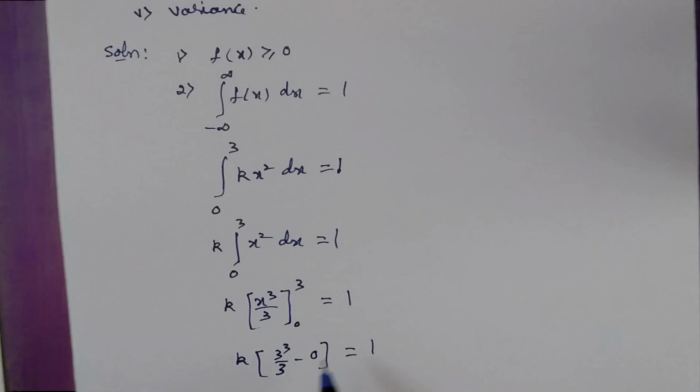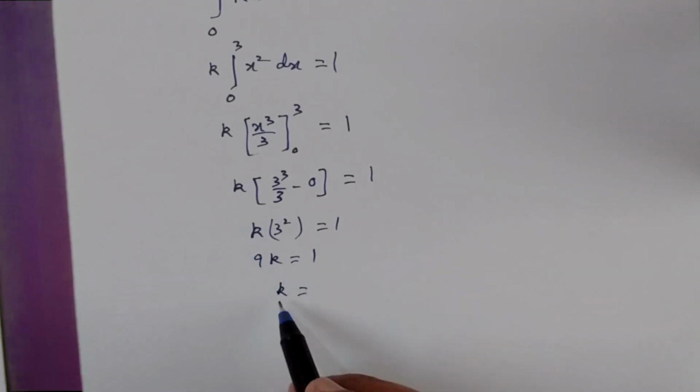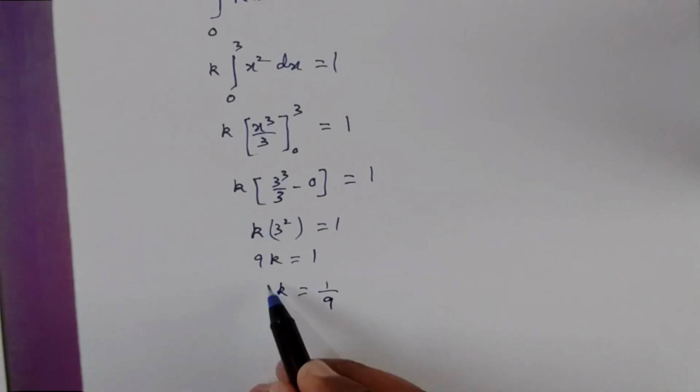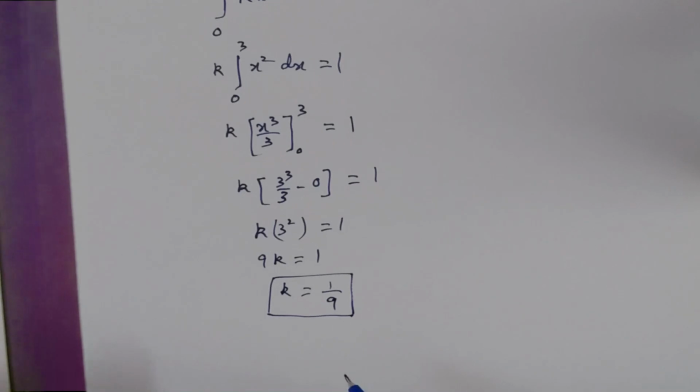So we'll get k times 3 square over here equal to 1. 3 square is 9, so 9k is equal to 1. Therefore the value of k will be 1 by 9. So the k value has been obtained.